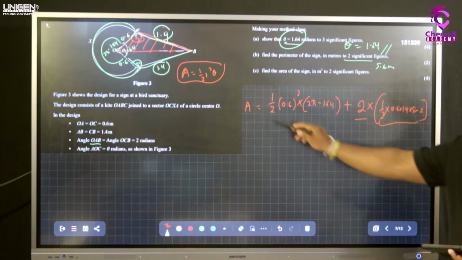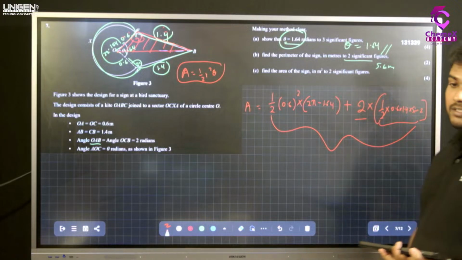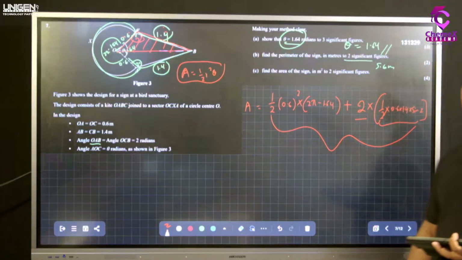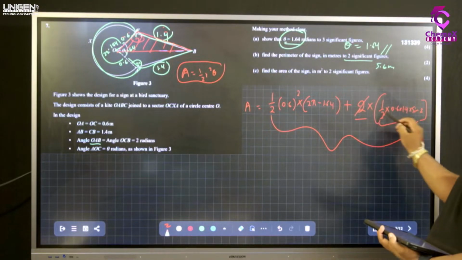So what's the answer? Whole answer. If there's anyone who doesn't understand what I did, you can ask questions. Any place which is not clear for you? So the 2 and 2 cancel.